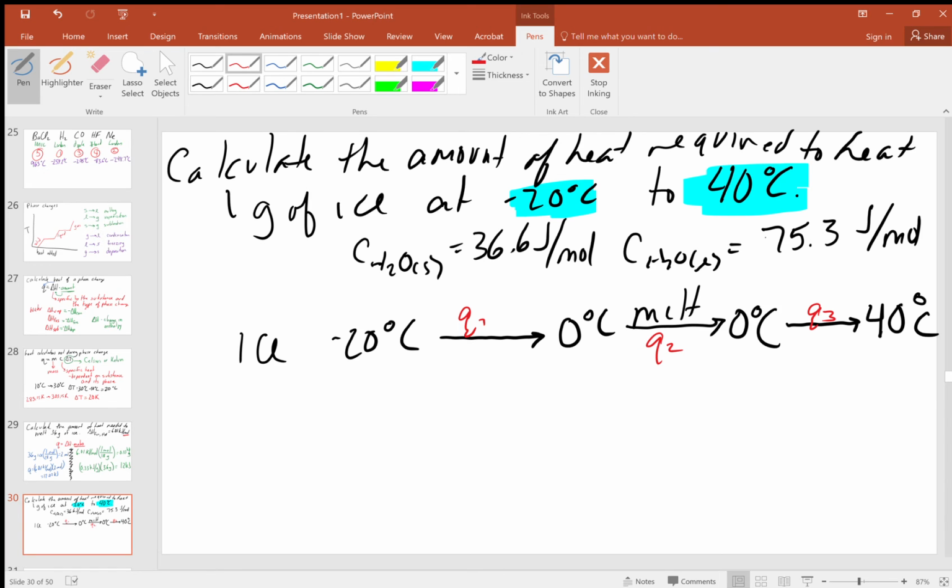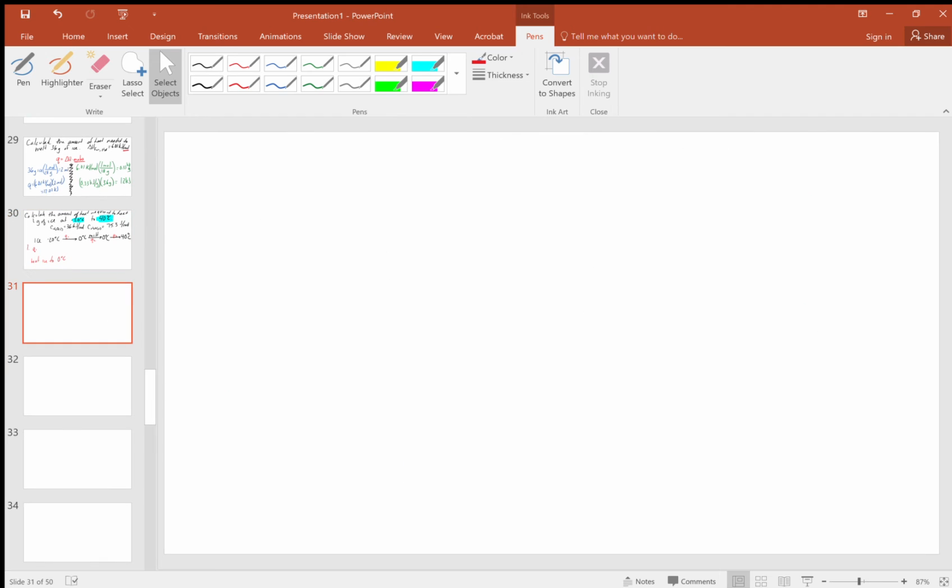So Q1 is going to be heating the ice up to 0. Once we get Q1, then we need to melt the ice, and this is at constant temperature.